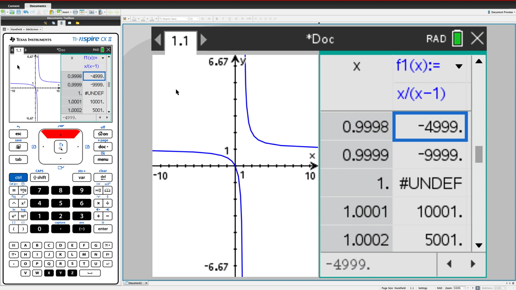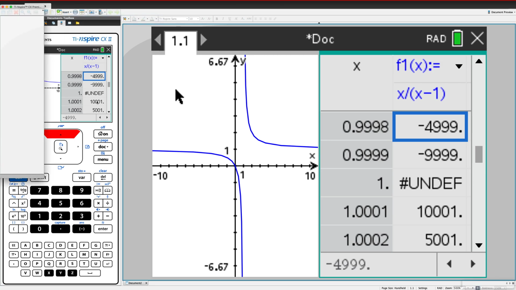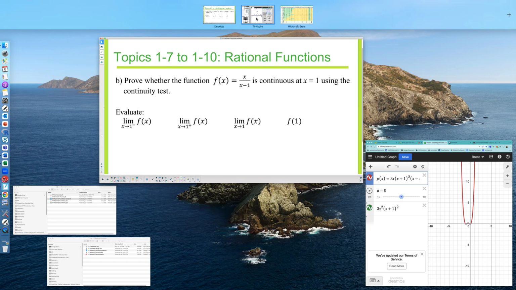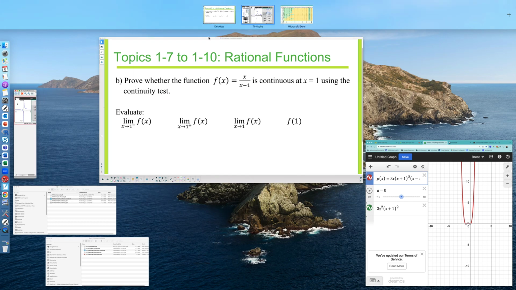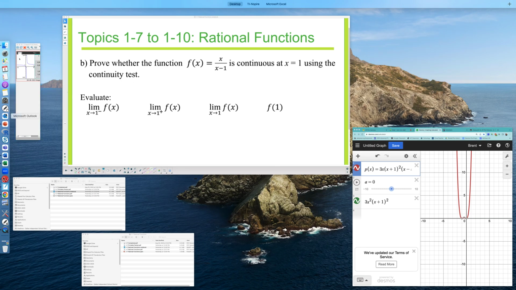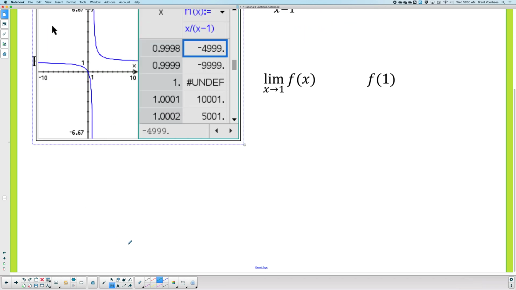Now, these are the values that I'm going to use to solve to get my answers here. So I'm going to copy this over. Now that I have it over here, we're going to get our values.